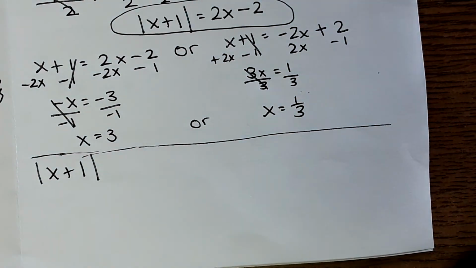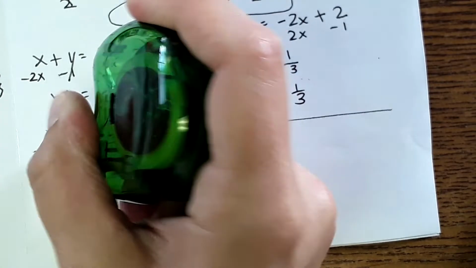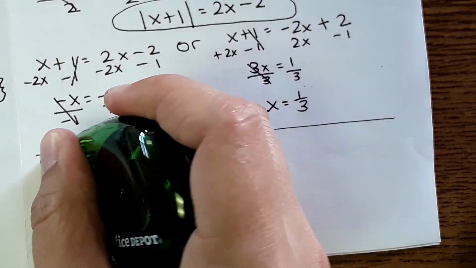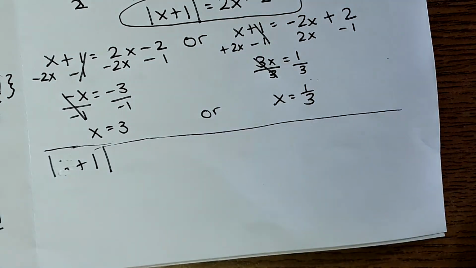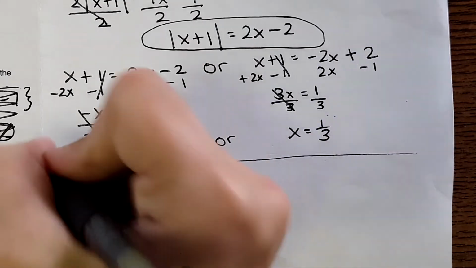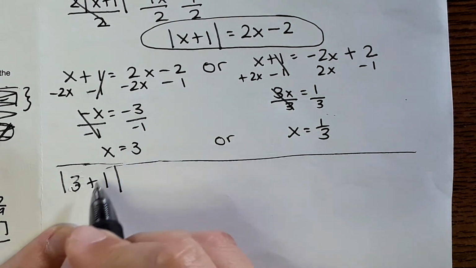Actually, I'm just going to plug in that 3 right there. I should be working in pencil, but pencil doesn't show up as well on the screen. So, okay, I'm plugging in x equals 3.